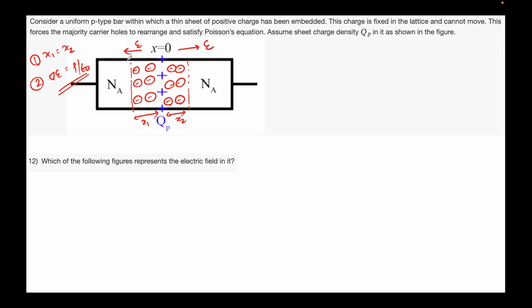It will also be linear, because rho is constant with respect to x. So E must be linear. This is the information that we can derive.